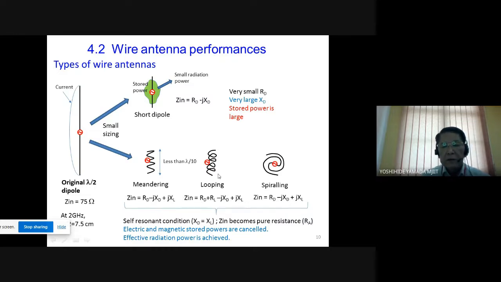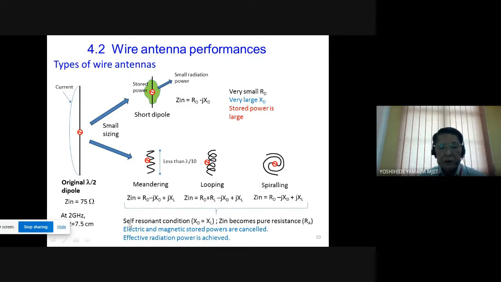In this looping, capacitive and inductive reactance also exist together, so this structure can also cancel out the reactance part. This spiraling also cancels out the reactive part. So by cancelling out this reactive part, we can obtain effective radiation from these structures. That is a very important characteristic.